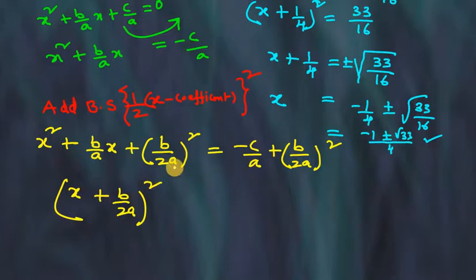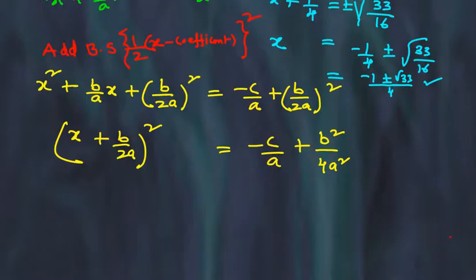So this and this are the same, that is equal to minus c by a plus, here what you are getting, b square by 4a square, b power 2 by 2a power 2, that is 4a square.